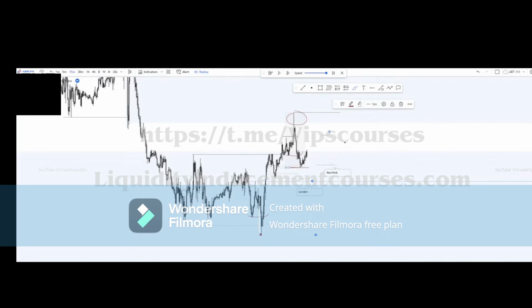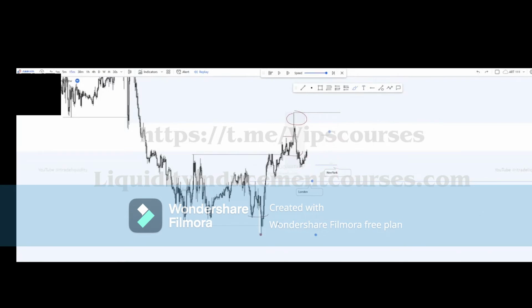So we have internal and Asia. And if we can get a false move, a failure swing, that would make it even better. That would create equal lows, and then with the Asia session, the confluences just line up.